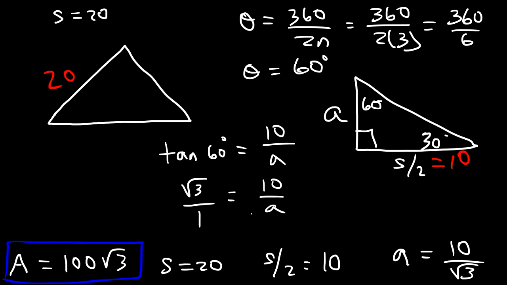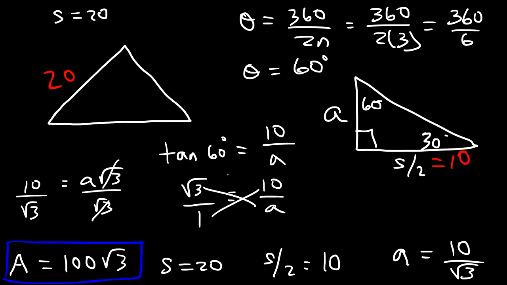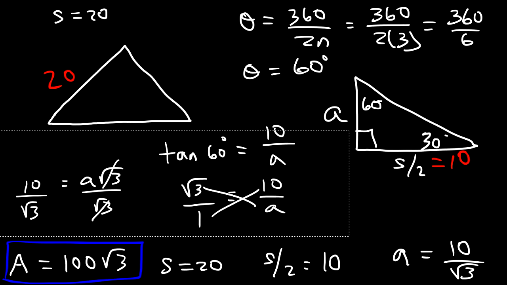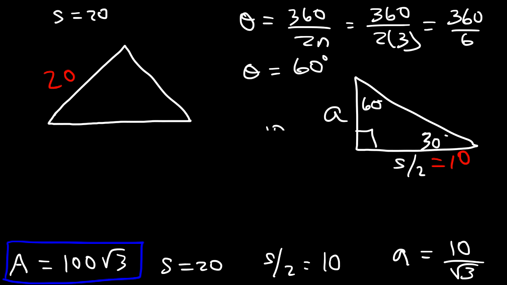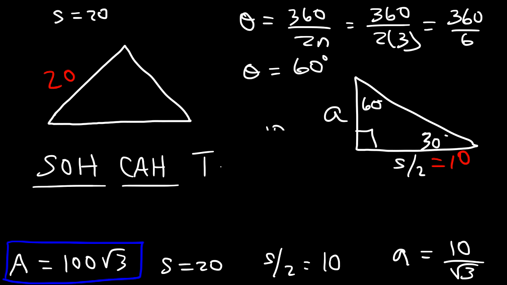So if we cross multiply, 1 times 10 is 10, and this will be a times the square root of 3. So notice that the apothem is 10 divided by the square root of 3. So both methods can work. So remember SOHCAHTOA. Sine is opposite over hypotenuse, cosine is adjacent over hypotenuse, and tangent is equal to the opposite side divided by the adjacent side.